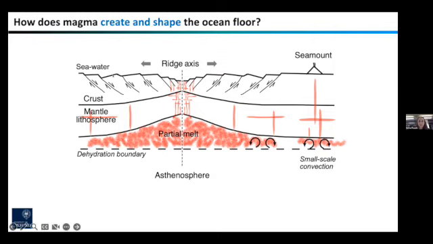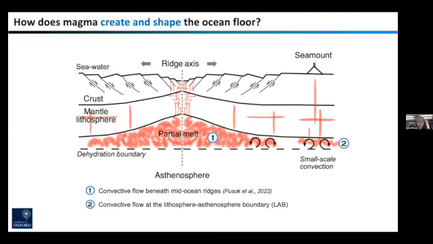So we have formation of faults, some intraplate volcanism, and of course, mantle melting beneath the ridge axis. I want to focus on 3 parts. First, convective flow beneath mid-ocean ridges. Second, convective flow at the lithosphere-asthenosphere boundary. And finally, an application for melting and fragmentation closer to the mid-ocean ridge axis.